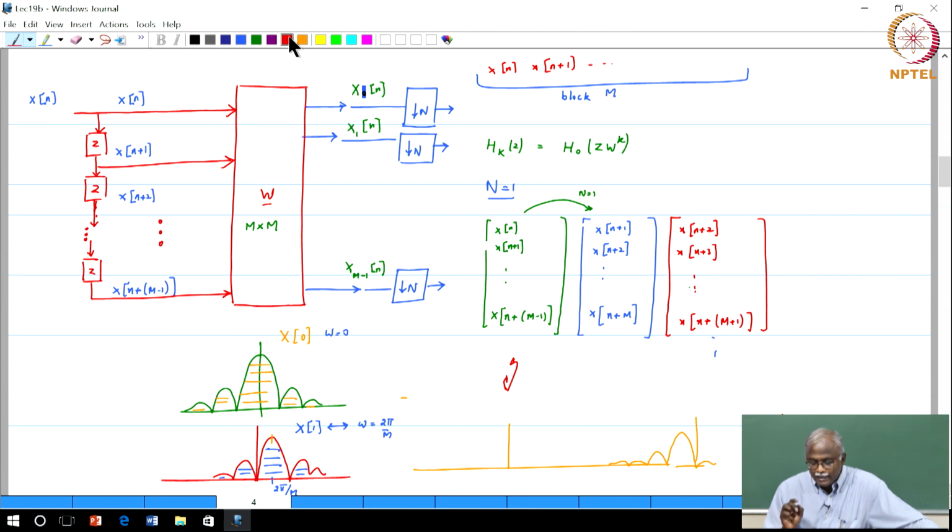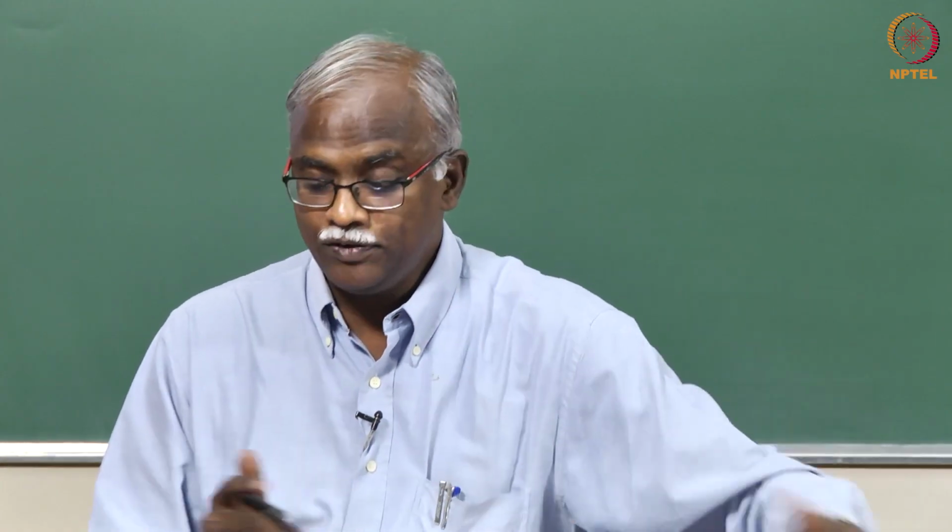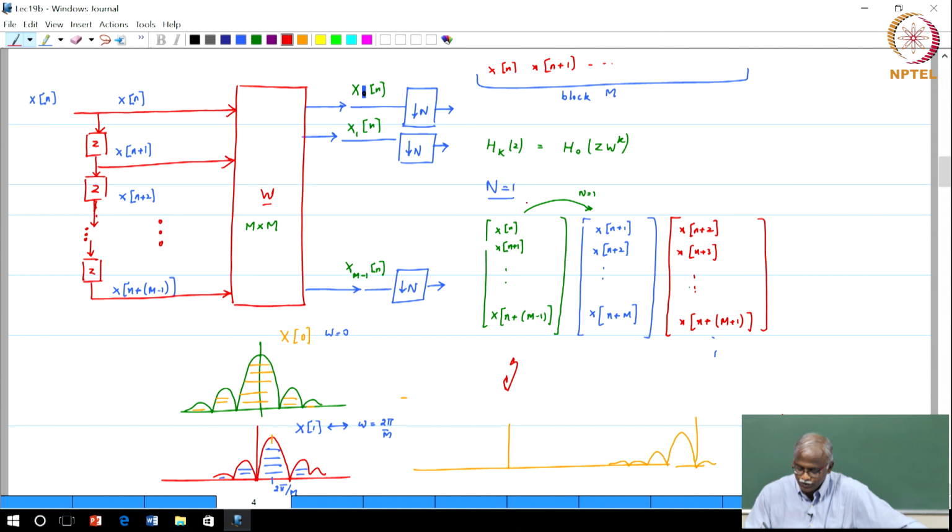Now if I set N equal to 2, basically move the downsampler all the way to the left. So x of n will be the first sample, then x of n plus 1 will get removed, x of n plus 2 will become the next. So this becomes the N equal to 2 case, you will skip one of those vectors.